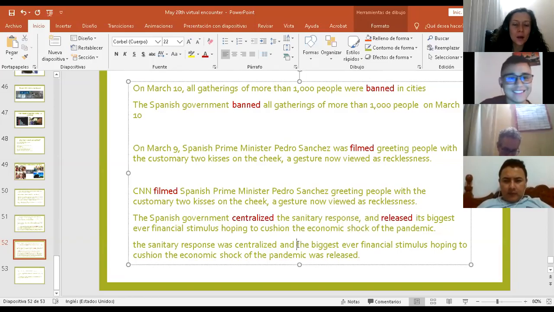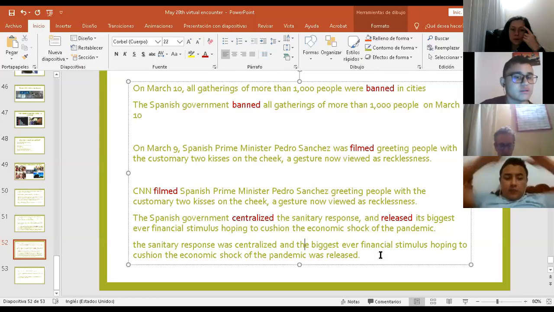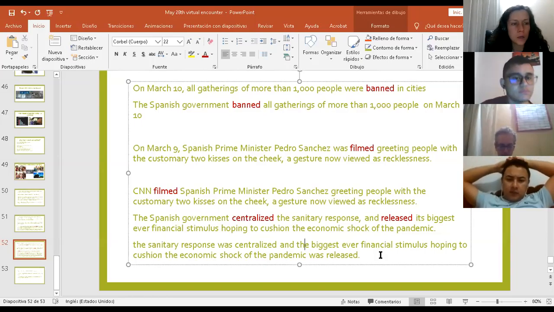So I was trying to tell you that maybe, la respuesta sanitaria fue centralizada y el más grande estímulo financiero, because I imagine it's about the Spanish government. That is the doer, the Spanish government, but we are not going to mention it in the passive voice sentence. Or if we want to mention it, we will use it at the end.